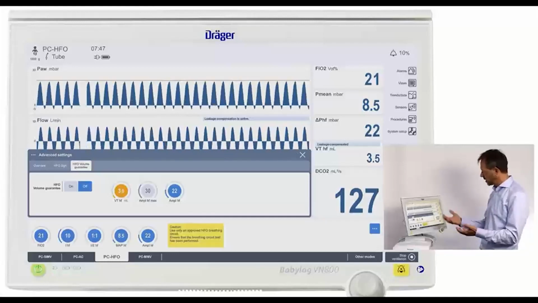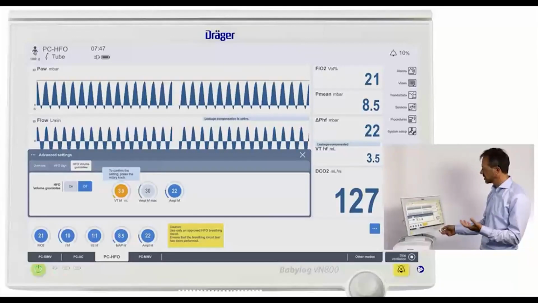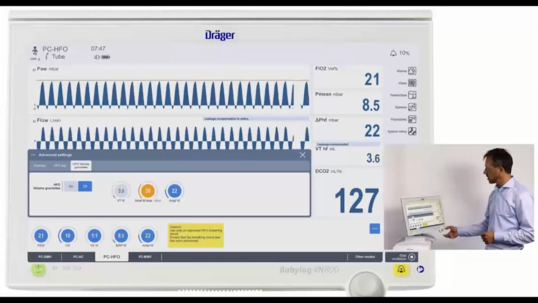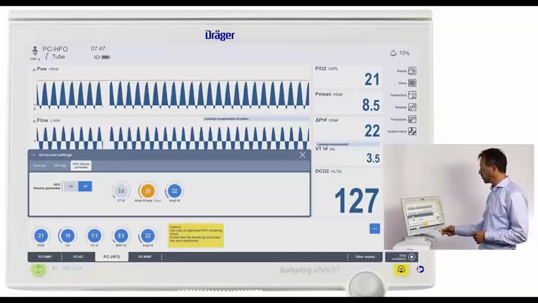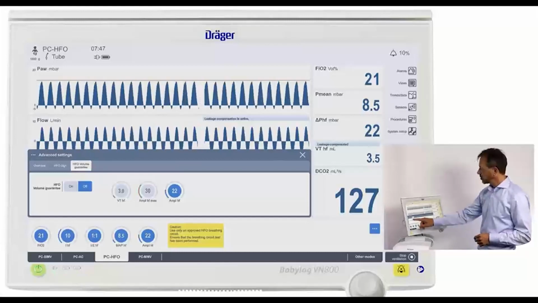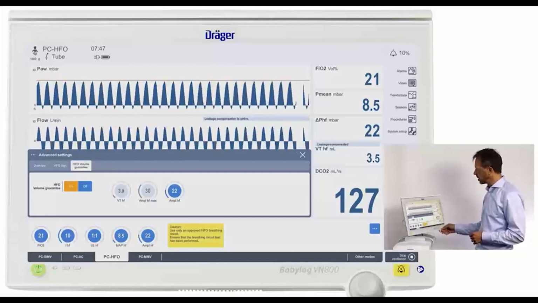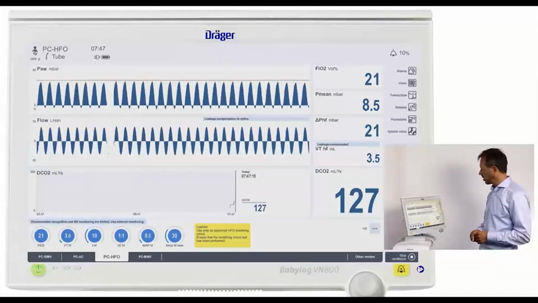It was still remembering the previous settings, and this was 3 milliliters. This is okay for us. Then we can adjust the maximum allowed amplitude setting, and in the first step we stay with the 30 millibars amplitude, and then we switch the whole thing on. We need to confirm this switching on, and then we close this dialog.